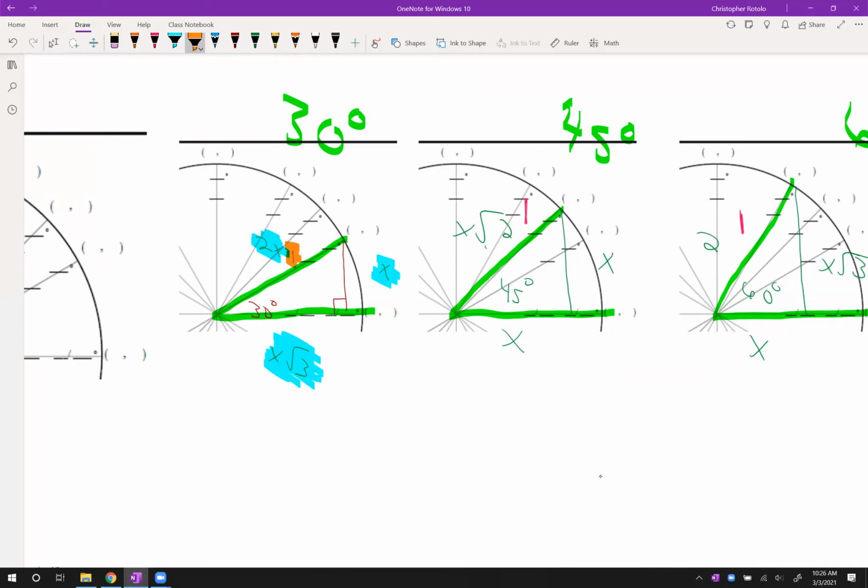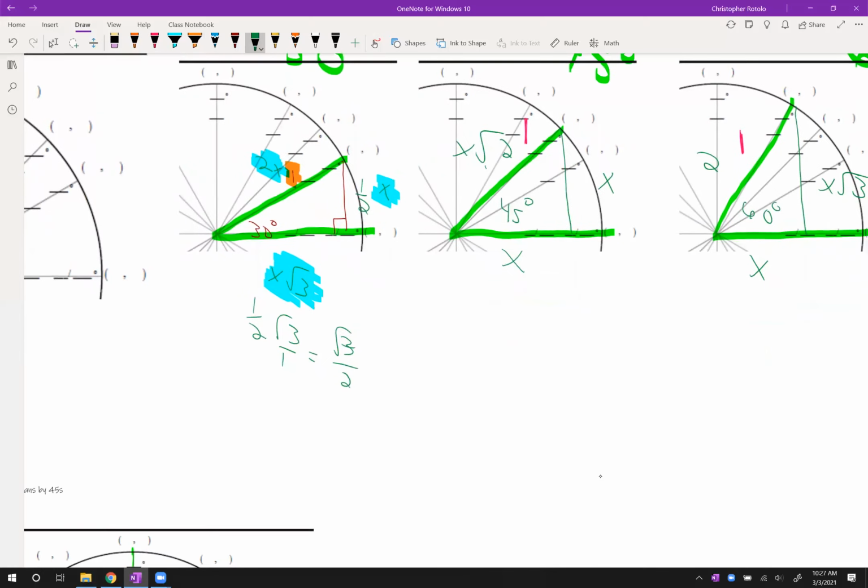As we solve and work our way back, if that's 1, then x over here must be 1 half. So this must be 1 half of root 3, which over 1 is root 3 over 2. Now what I need is cosine first, and that's your x coordinate.